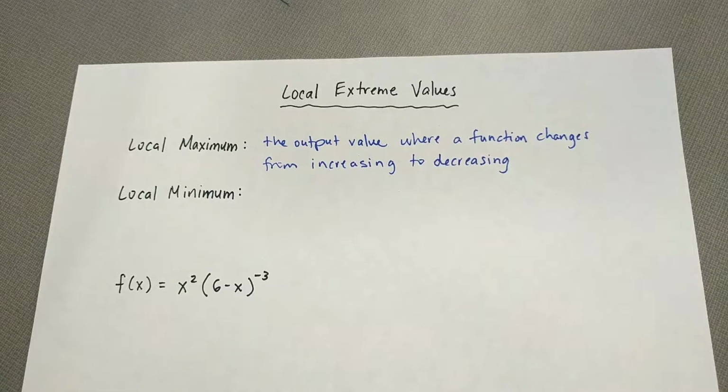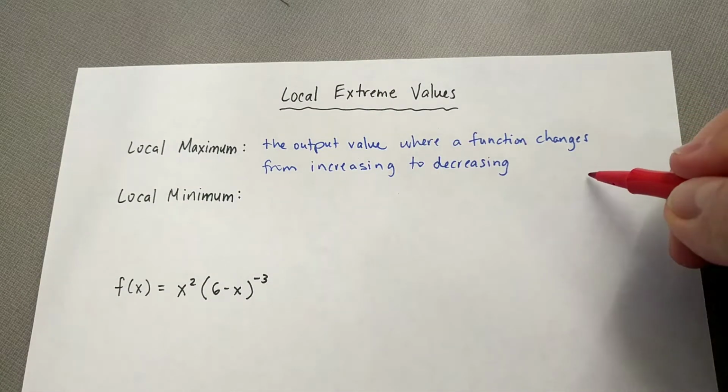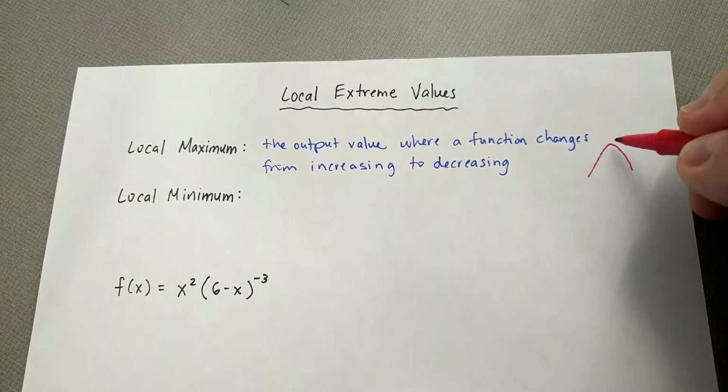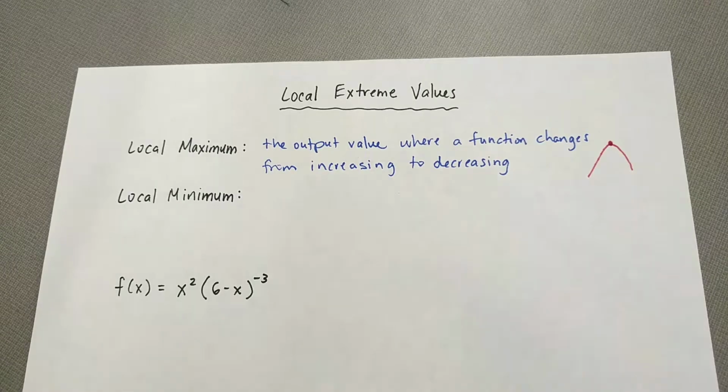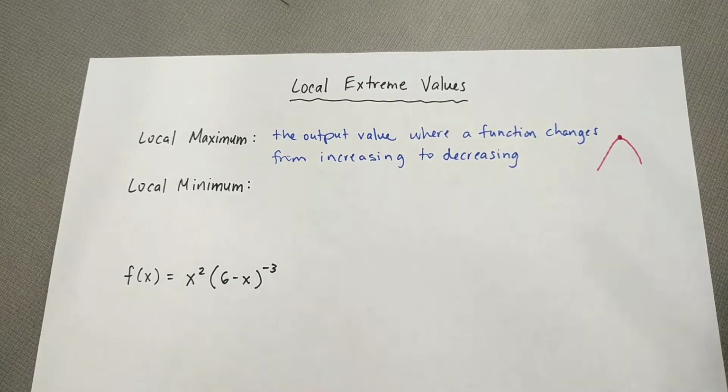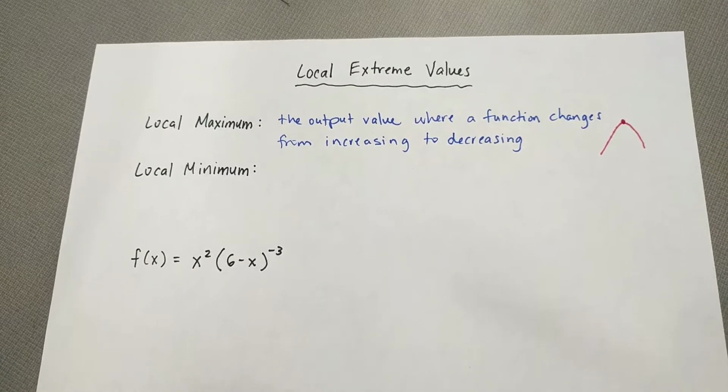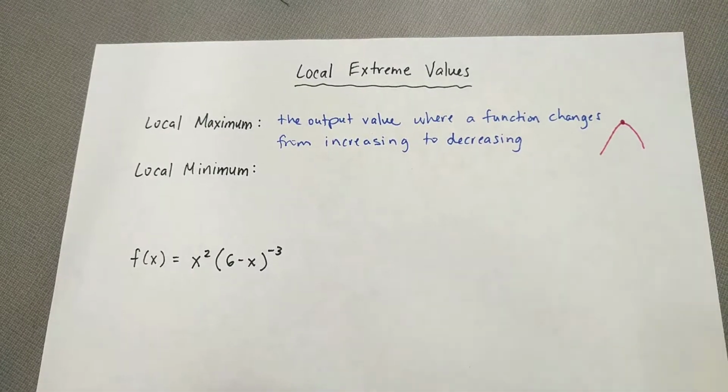So if we're thinking about a function that goes from increasing to decreasing, then that point at the top is sort of the highest locally, the highest one in its neighborhood, and thus would be the local maximum. Again, we want to report the y value because we're thinking about like how high up it is.